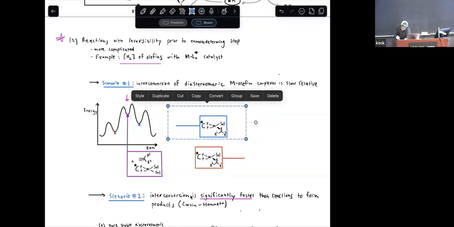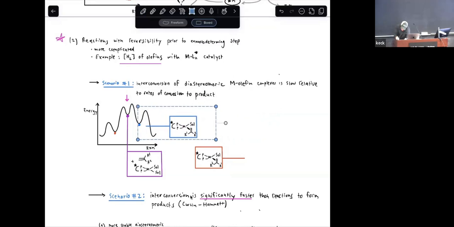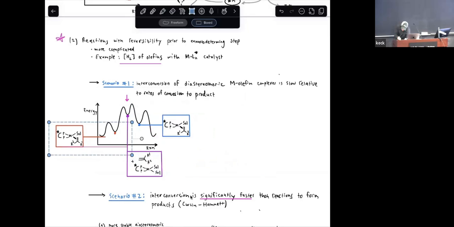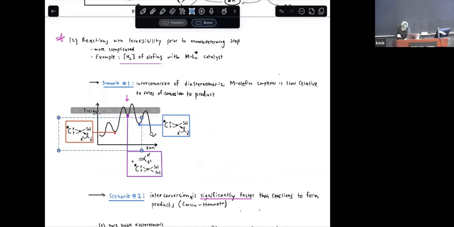If we start in the purple regime, we've got substrate, we've got catalyst, and it's going to bind. It can bind on two faces, red or blue, and then once it's bound, it's locked in. You've determined enantioselectivity. Imagine you're the olefin, you can bind on your stomach or on your back. And then once you've made that choice, everything else happens.